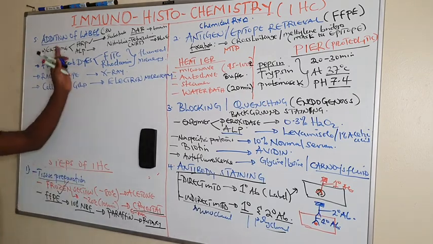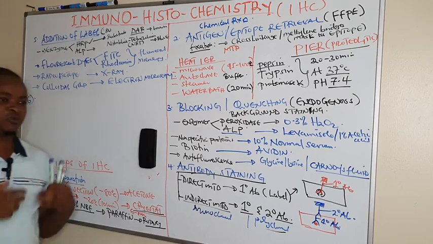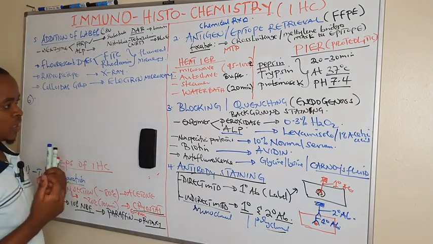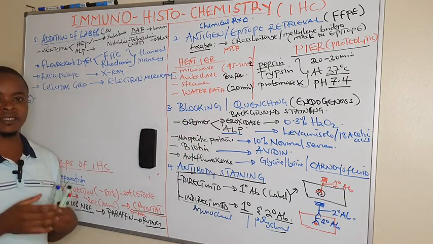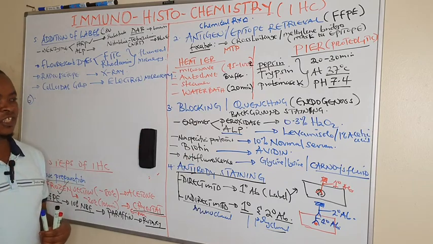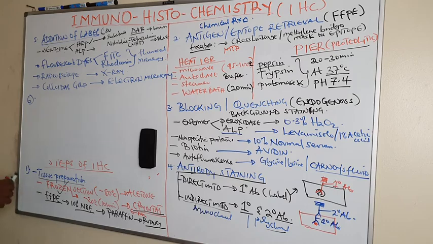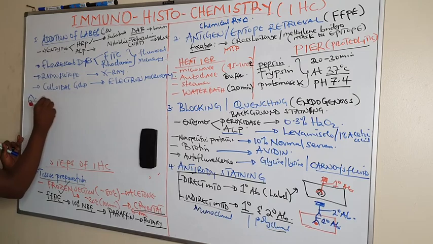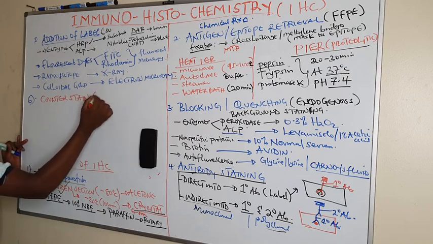So this is what we can discuss under labels as step number 5. Step number 6, after we have labeled, we wash. And in each step, we wash using PBS, the phosphate buffered saline, for 3 changes of 5 minutes. After addition of the label, we can counterstain, and counterstaining is optional.